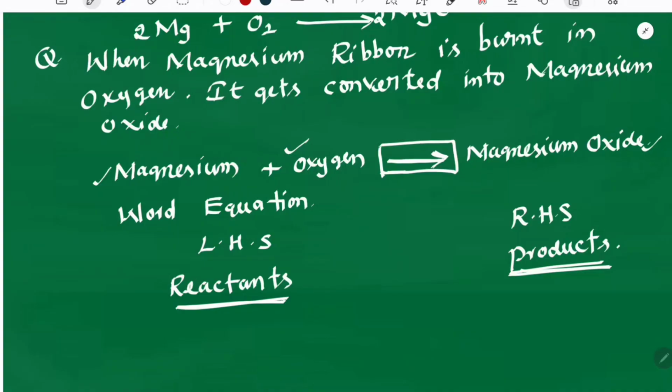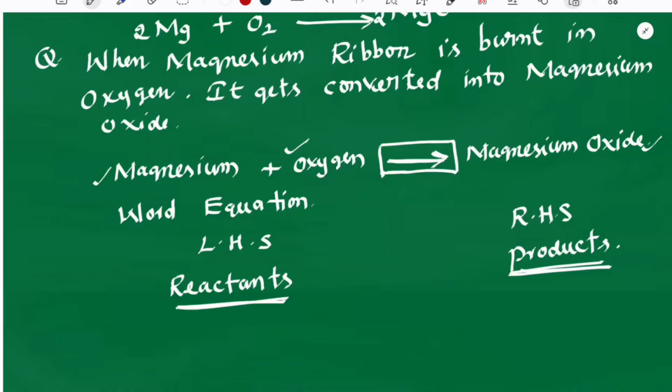Okay, then how to write a chemical equation? We know a chemical reaction can be explained in statement form, but that is difficult. At the same time, we saw the word equation, where we write in words like this. Then we will discuss in this part writing a chemical equation.